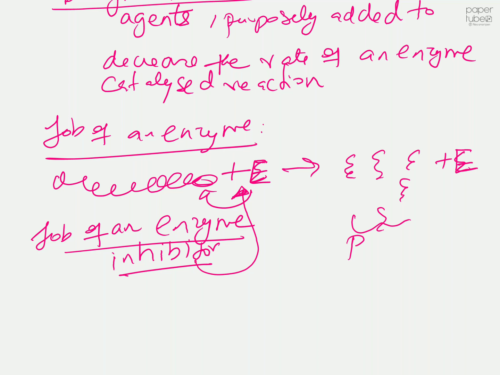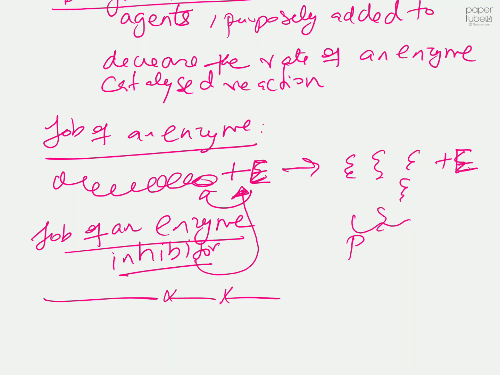So the job of an inhibitor is to diminish or decrease the rate of the reaction, or in some cases to stop the action of the enzyme. So that's the role of an inhibitor.